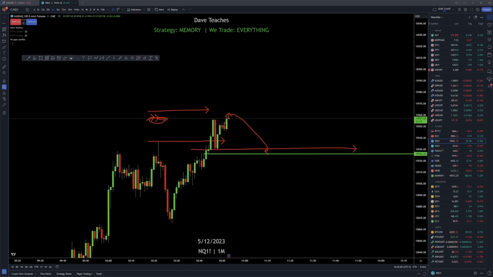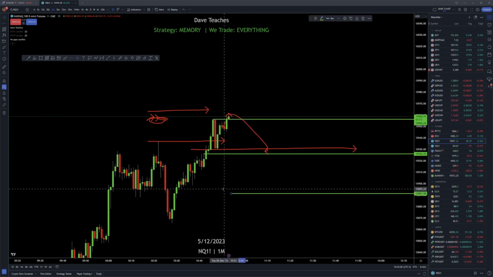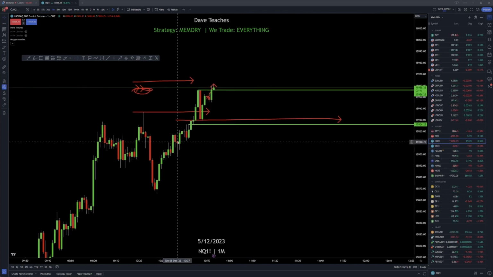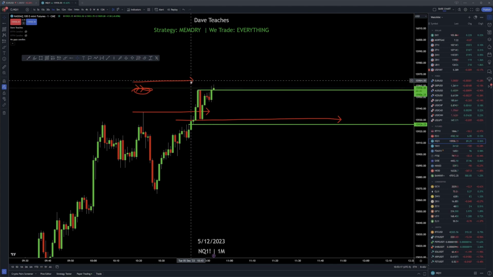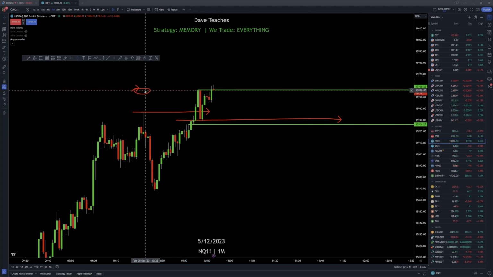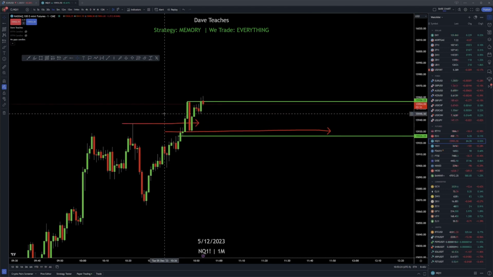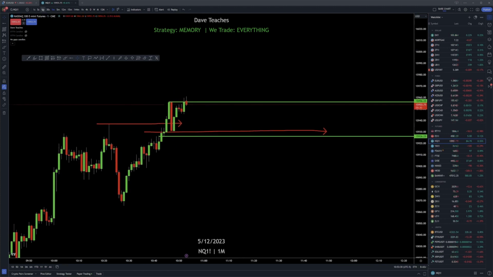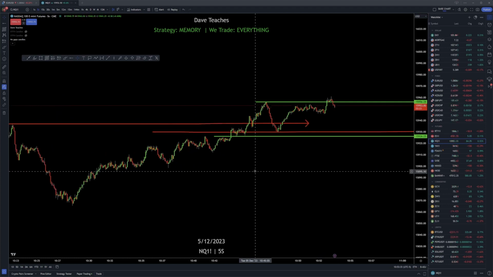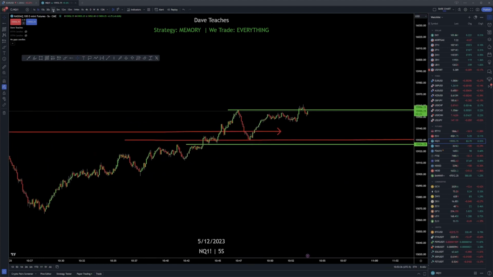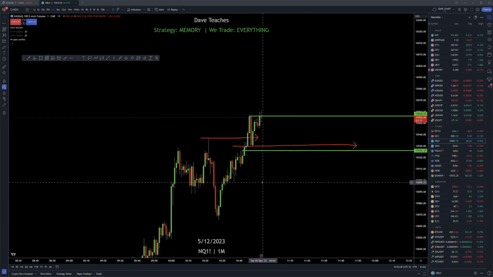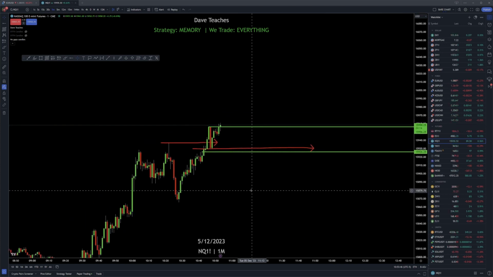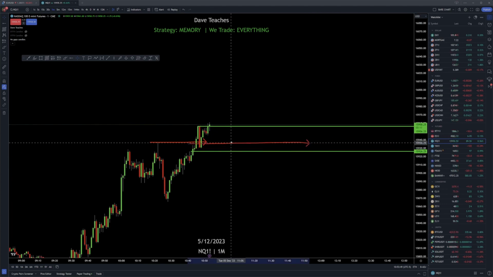There goes that run. And as we talked about in the playlist, you start to see price getting tighter and tighter as it leads to a rejection. And remember what we're doing.